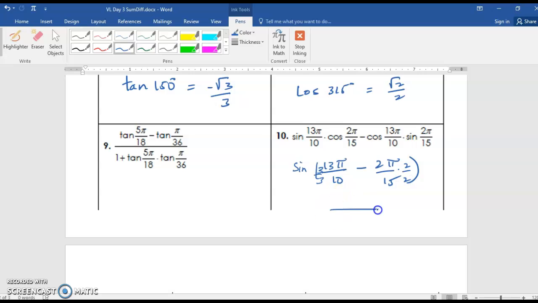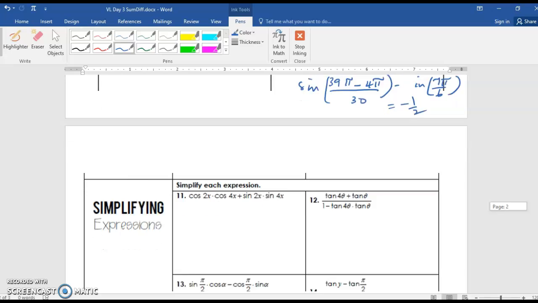So you will get a common denominator 30. So 3 times 13 is 39 pi minus 4 pi, which is sine 7 pi over 6 after reducing it. And sine 7 pi over 6, look into the unit circle, it is negative half. Okay, this is how you do these kinds of problems.